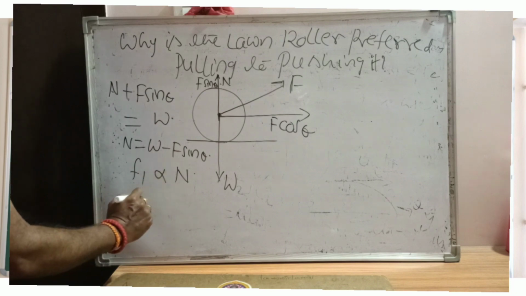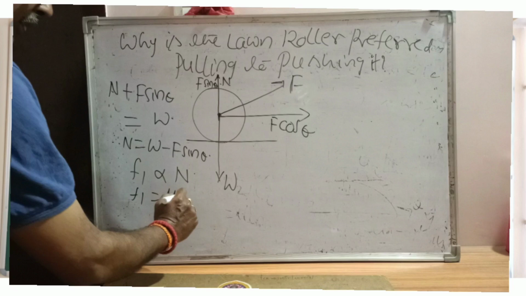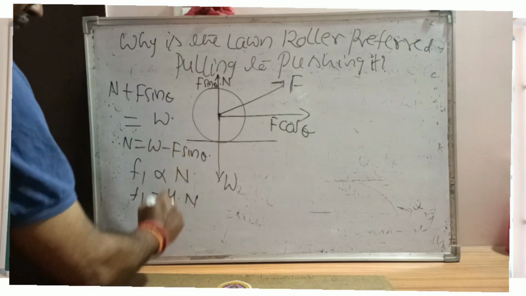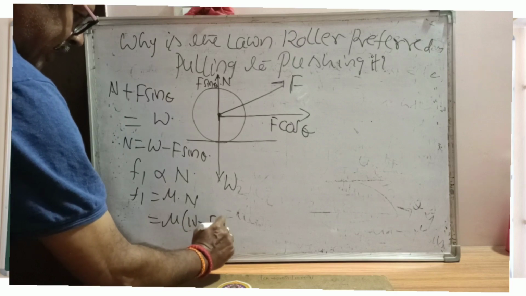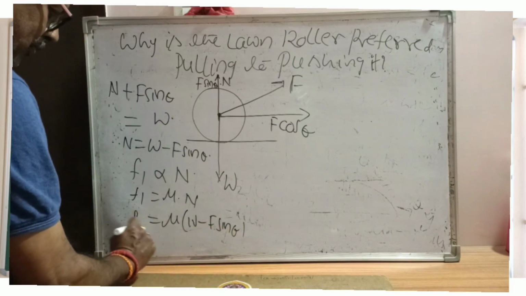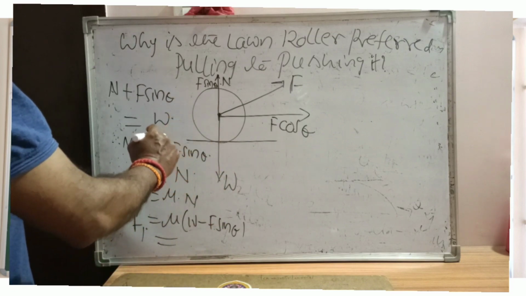F1 is proportional to N. F1 is equal to some mu into N. Therefore, F1 is equal to mu into W minus F sin theta. This is the force to be applied when the lawn roller is pulled.